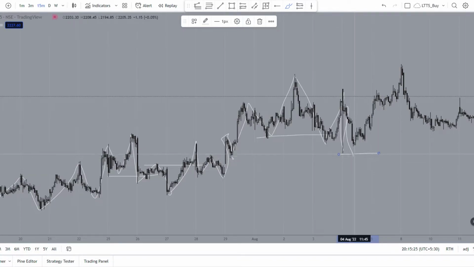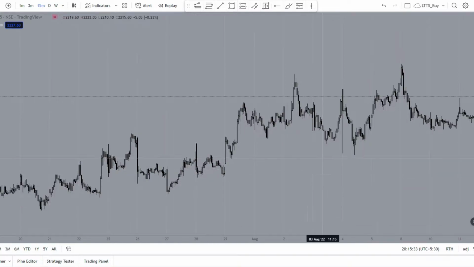It did not have the capacity to move lower. So we can have an idea that the sellers are losing their ground and maybe buyers will be chipping in and will break this particular high. This is the start of this particular low. So exactly the same thing happened. We broke this and made a new structure high.